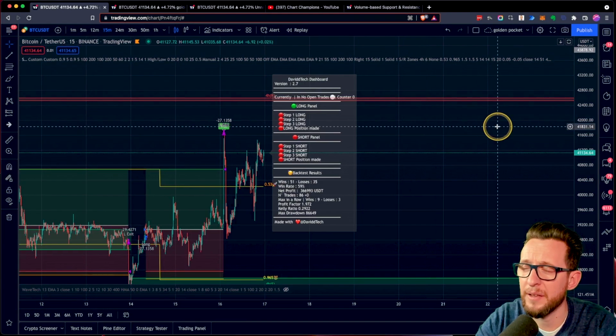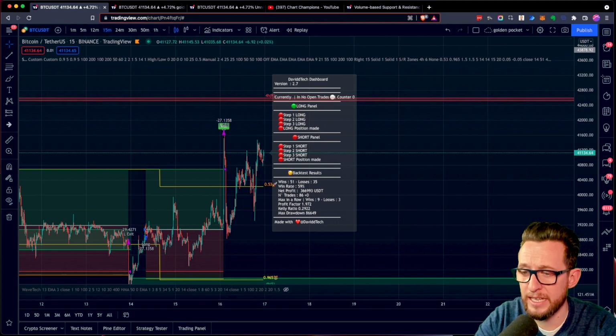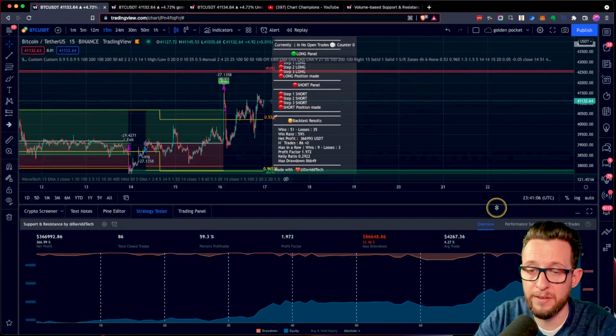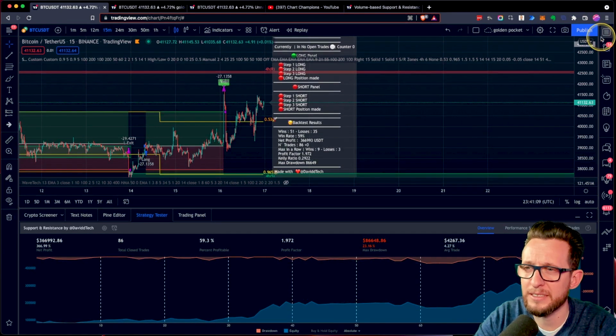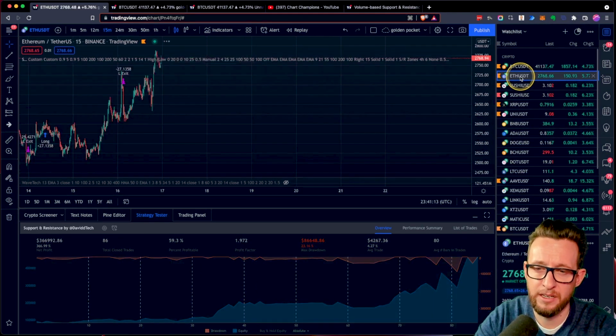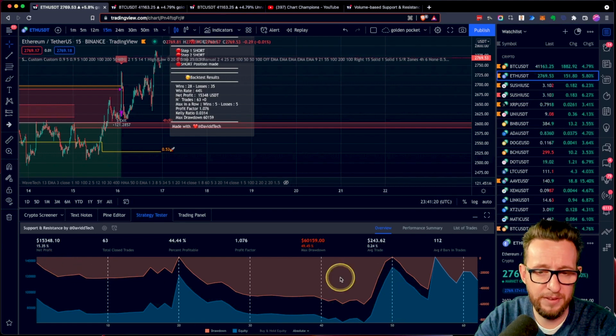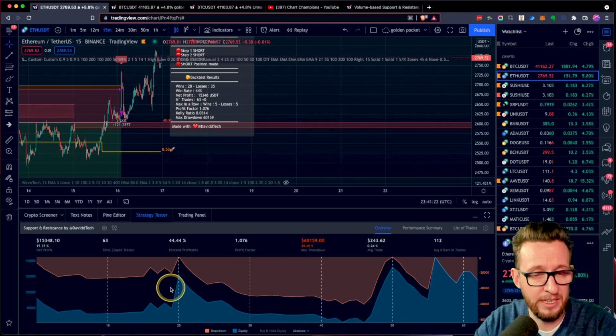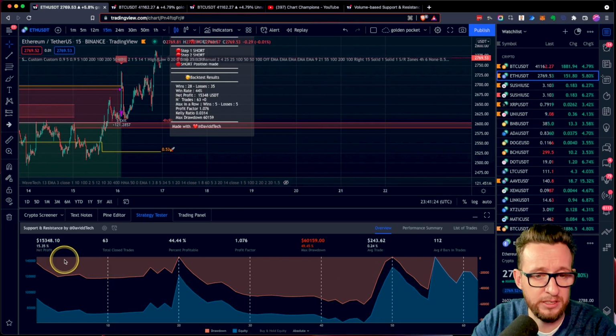Now, the thing that I do like about this trading strategy is that it is quite good for going from one coin to another one. So if I go straight over to Ethereum without making any changes whatsoever, as you can see, the equity curve is absolutely not brilliant in the slightest, but we are still profitable.